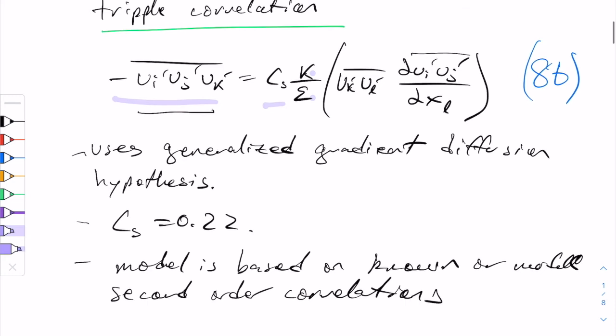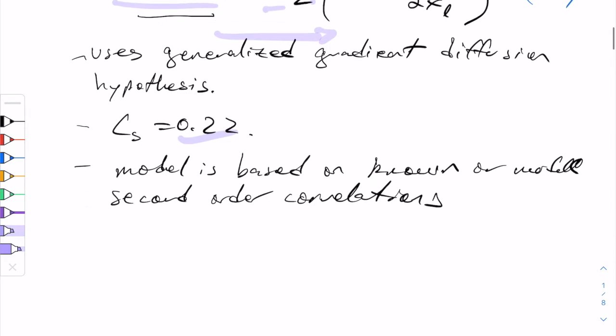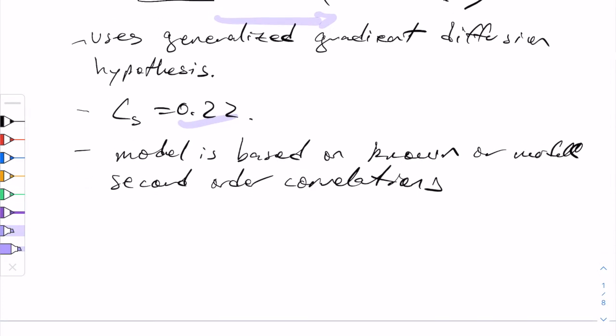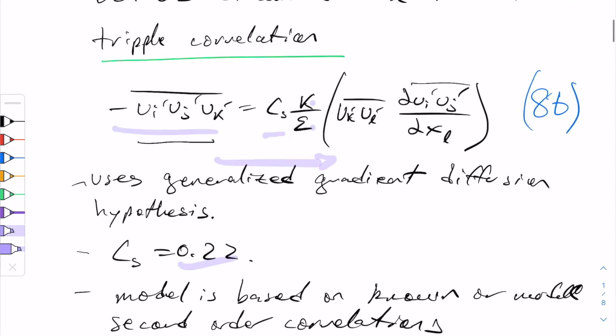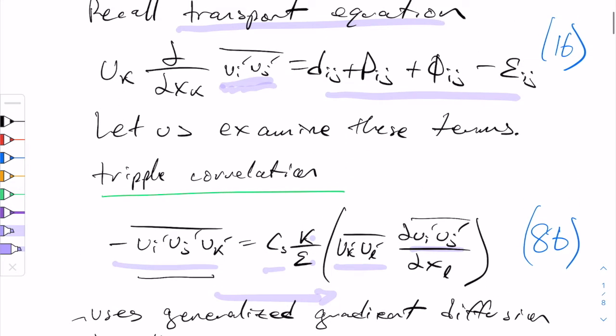So this uses the idea of a generalized gradient diffusion hypothesis to make this model for the triple correlation. Here, Cs is set to 0.22 through calibration. And really, this model is based on the known or modeled second order correlations, because of course we're trying to solve for these particular correlations which appear in our RSM transport equation.